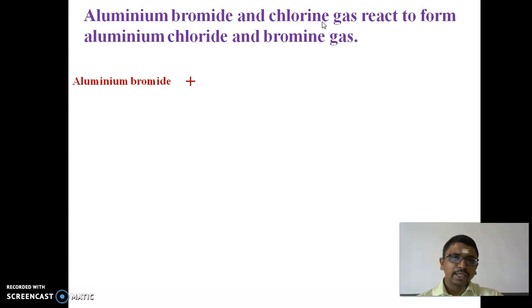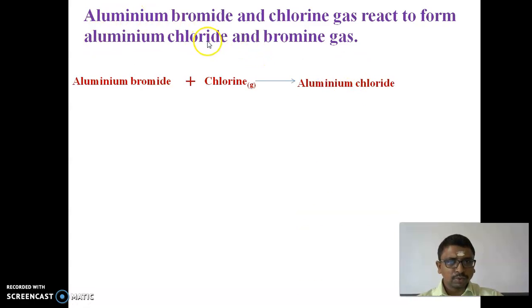It is in the gaseous state. So what symbol can we use? Yes, small g, written as a subscript. So chlorine gas gives aluminium chloride plus bromine gas. Here also there are gases, so we mention small g in the subscript for bromine gas.